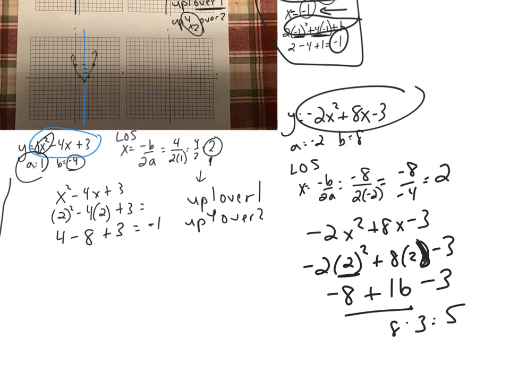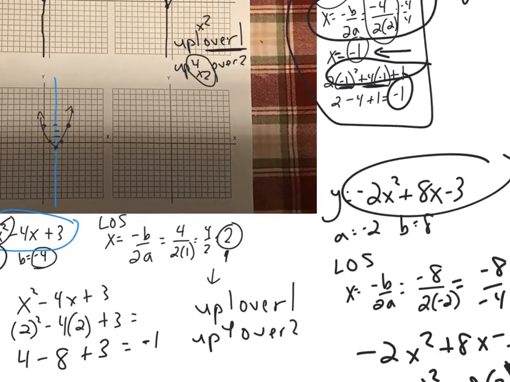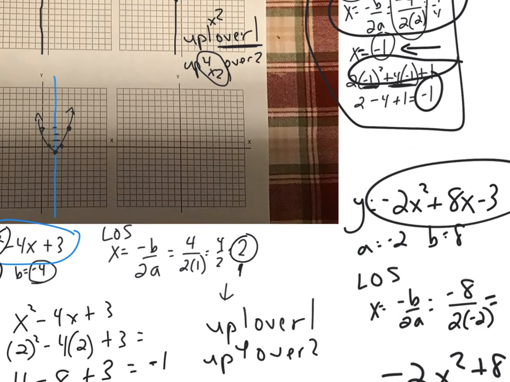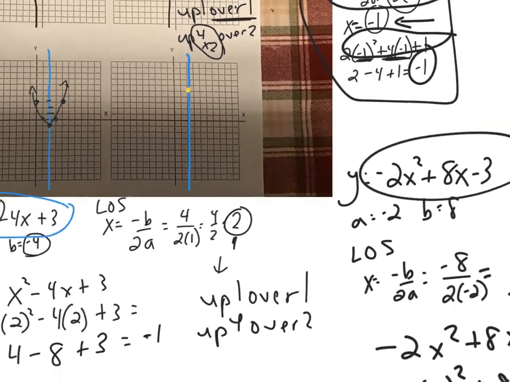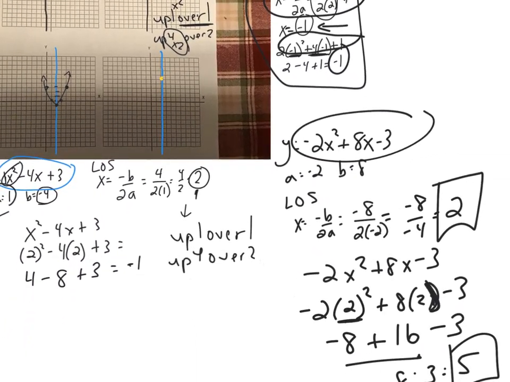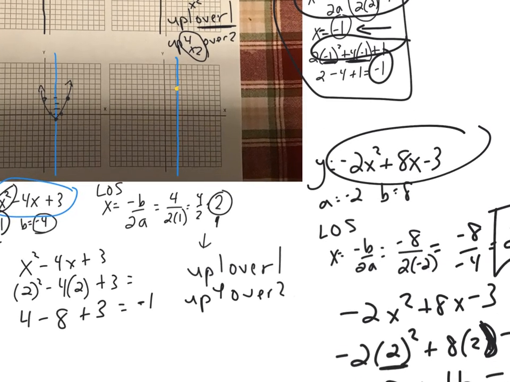That's going to be 5. So our line of symmetry is at 2, and the vertex is at 5 on that line. So if I go to 2 over here, and then 5 is where my vertex is at, right there. Is that 5? Looks like it. So there's my vertex.